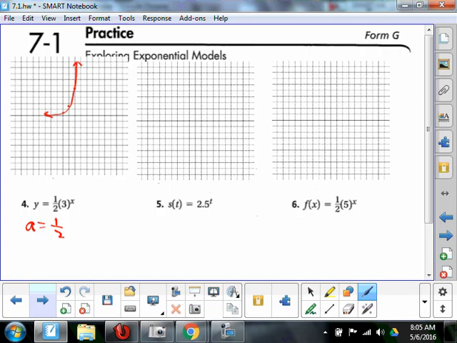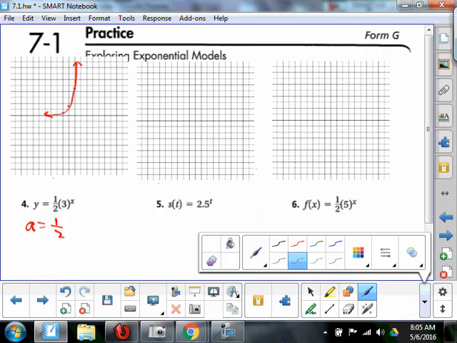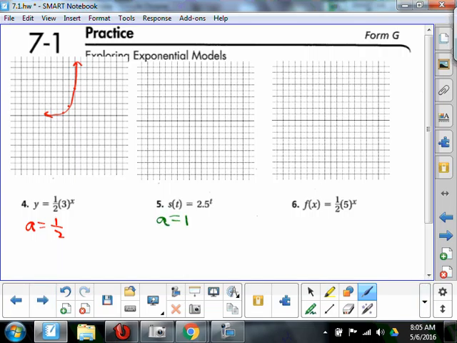Number 5, my a value is 1 again. So the graph goes through (0, 1). If I plug in a 1, I get 2.5. Now, this is why I like fractions instead of decimals sometimes. Well, why don't I make it 5 halves to the x?